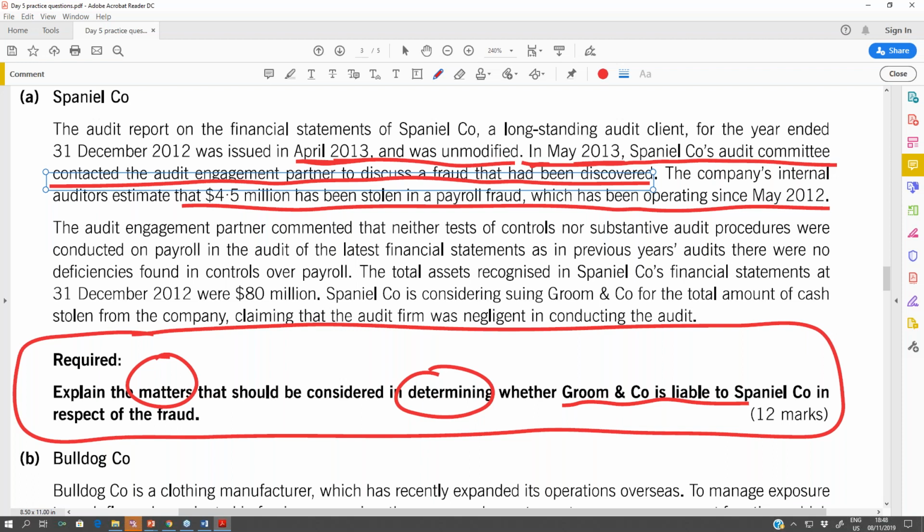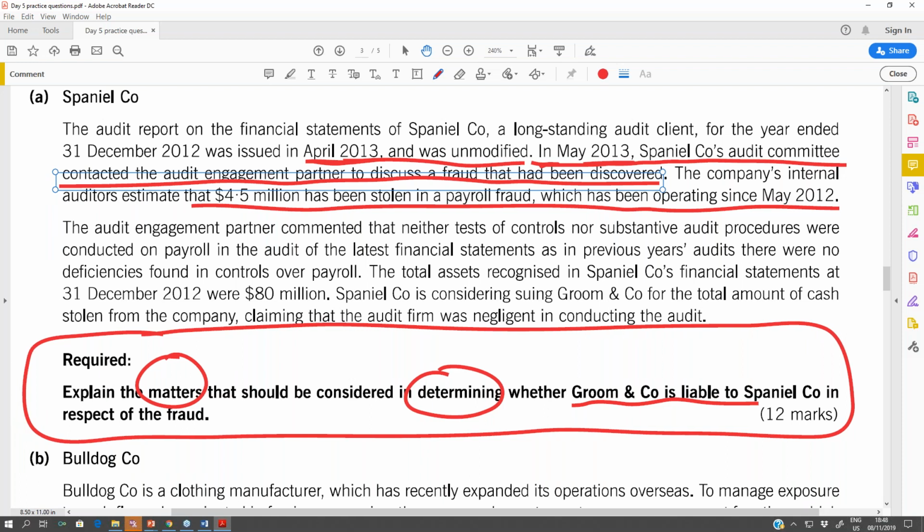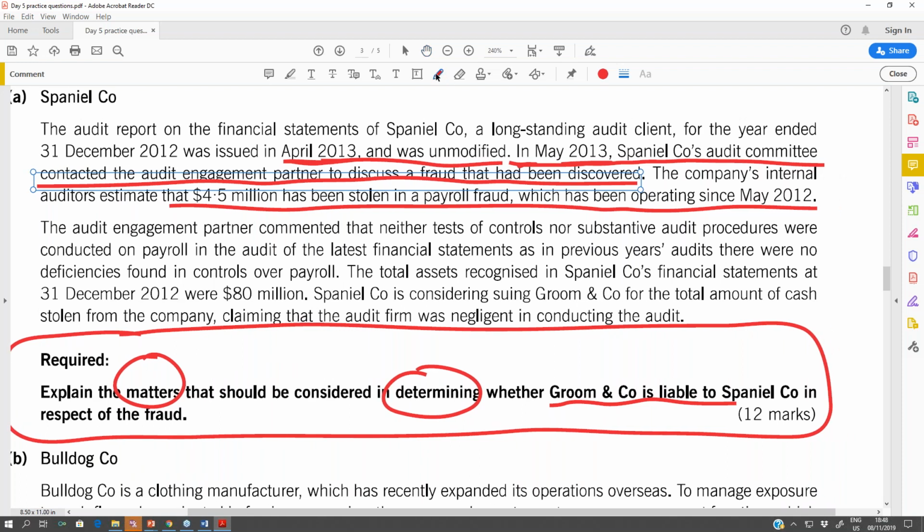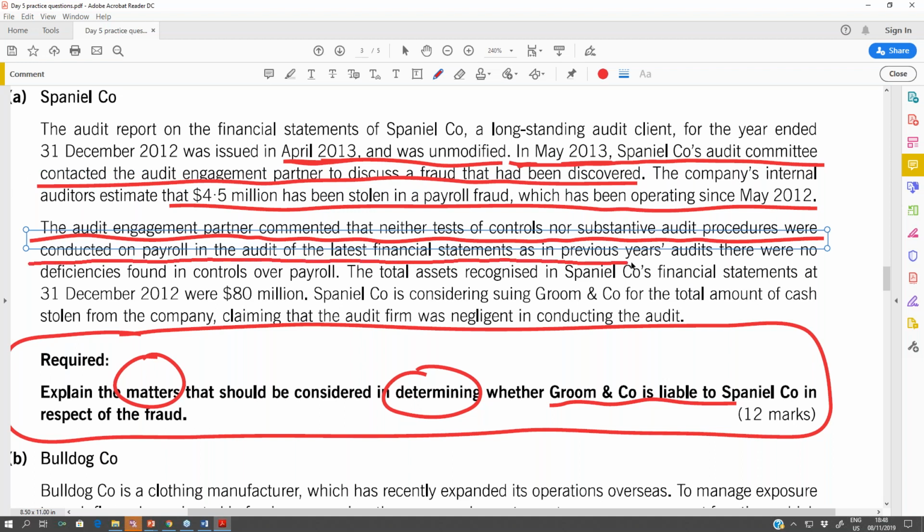The total assets recognized in the financial statements are $80 million. So the audit engagement partner is saying that neither test of controls nor substantive procedures were conducted on payroll in the audit of the latest financial year, as they thought that the controls were effective.